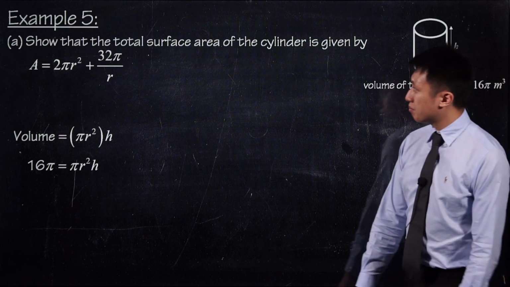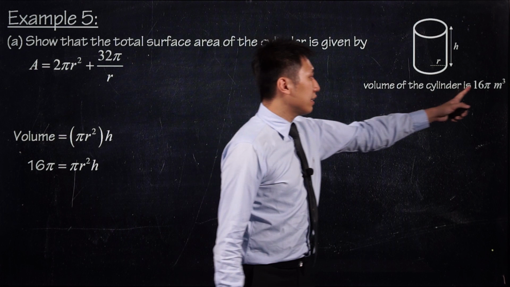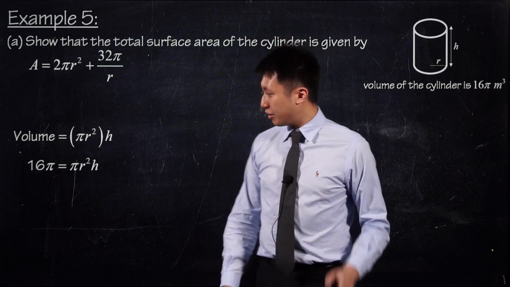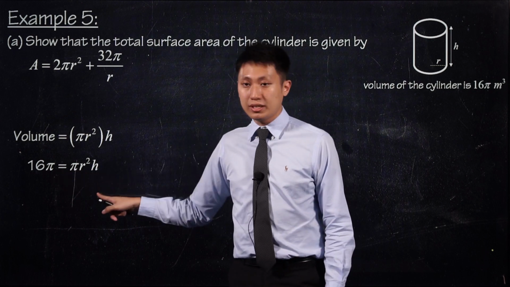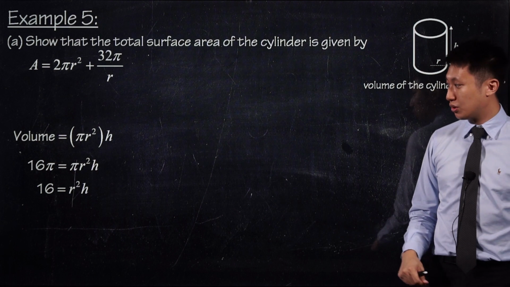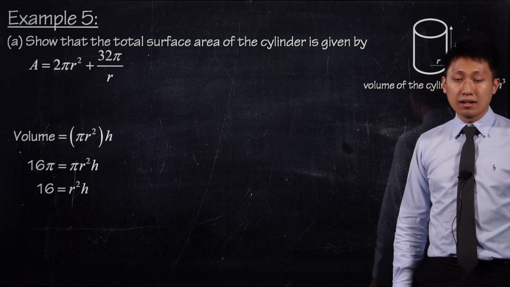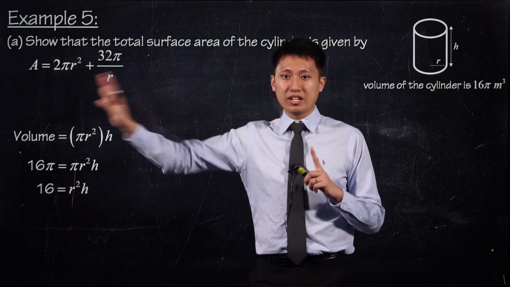So 16 pi. This one is given. Volume of cylinder is 16 pi m cube. And you know the volume is pi r square h for a cylinder. So you equate them and pi can cancel off. So you get r square h equals 16. Now you be careful, because here you can choose one to put on one side, right?